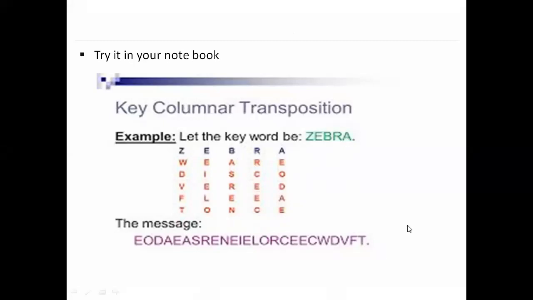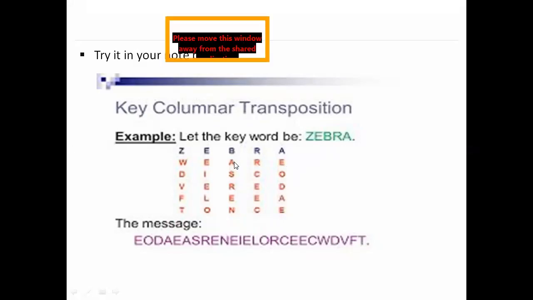First we have the alphabet A, so we take A, O, D, A, E. Then after A comes B, and for B we take A, S, R, E, N, and after that we have E as well.